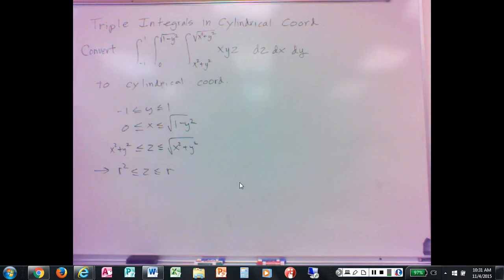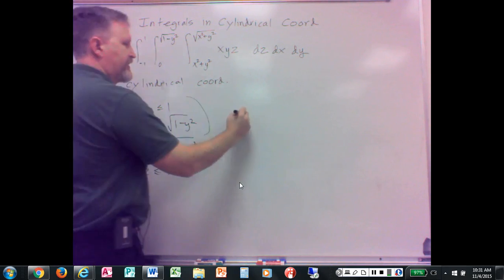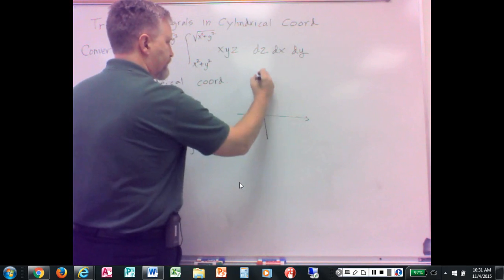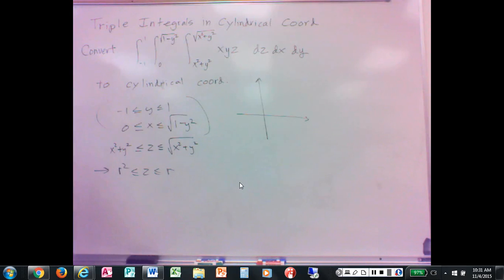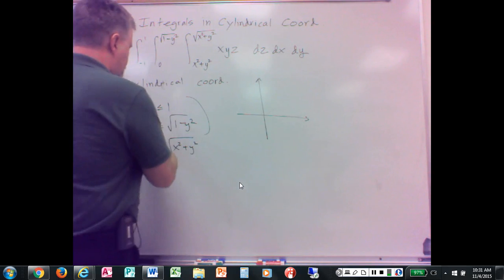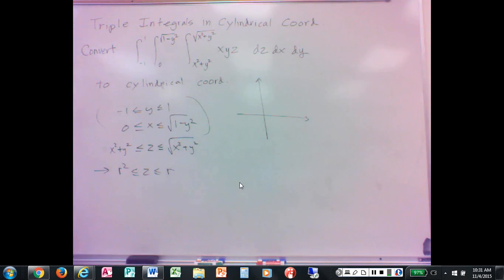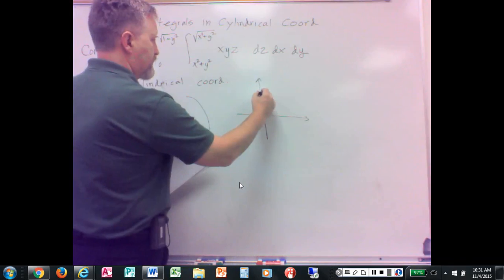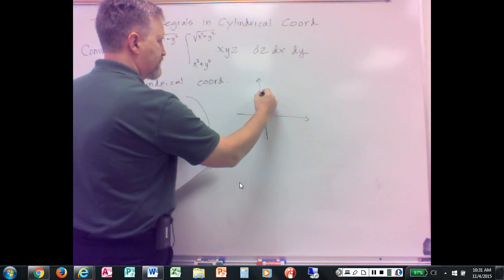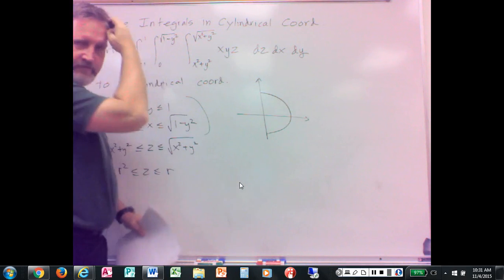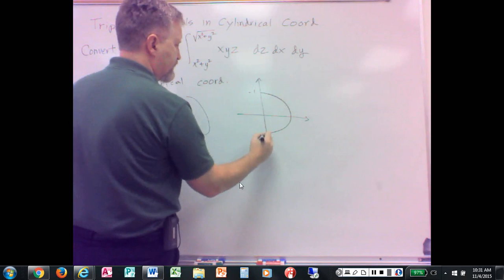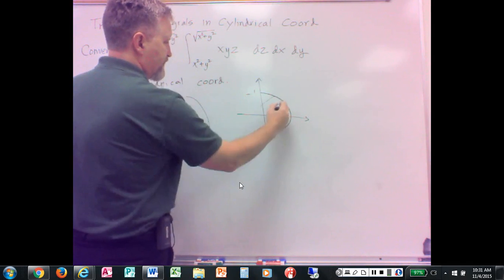Now we need r's and thetas, don't we? Well, let's look at what this is in the xy plane. So y goes from -1 to 1, and the x's are from 0 to the square root of 1 minus y squared. What's that? Semicircle, so it'd be the right side of the unit circle, right?